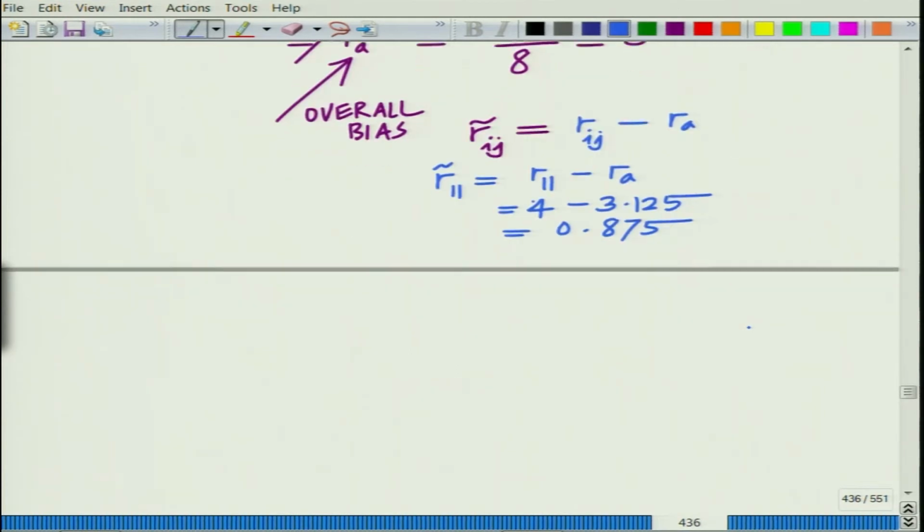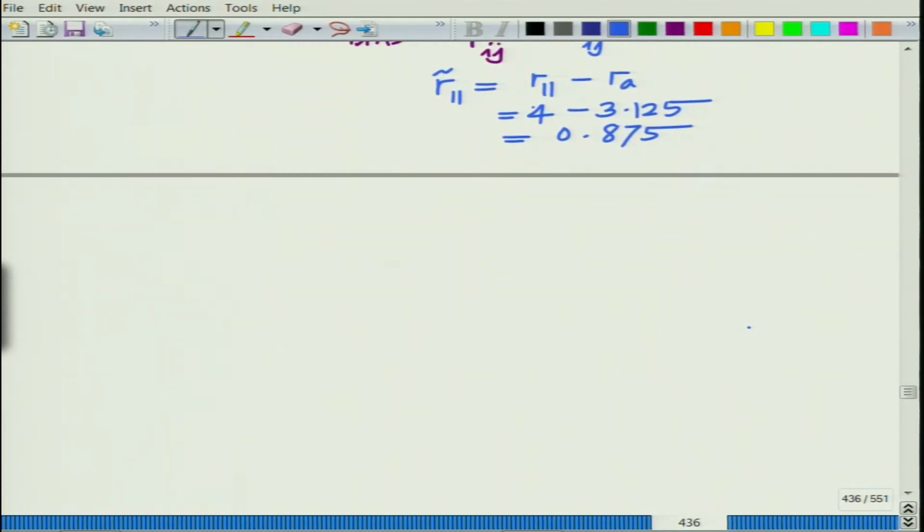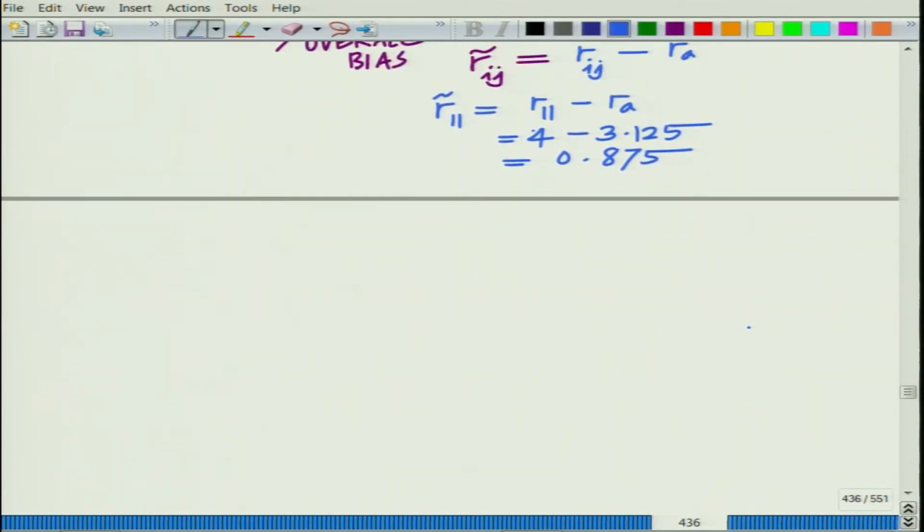So, R tilde 1 1 is 0.875, and so on and so forth.